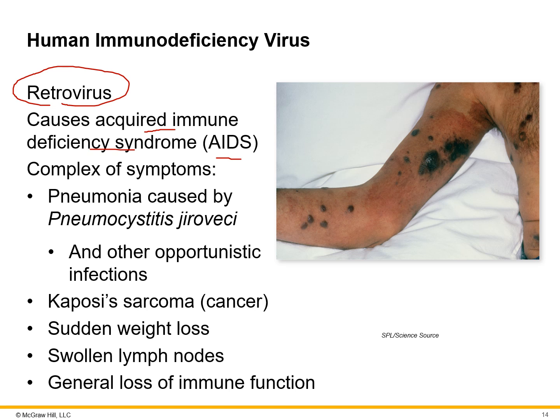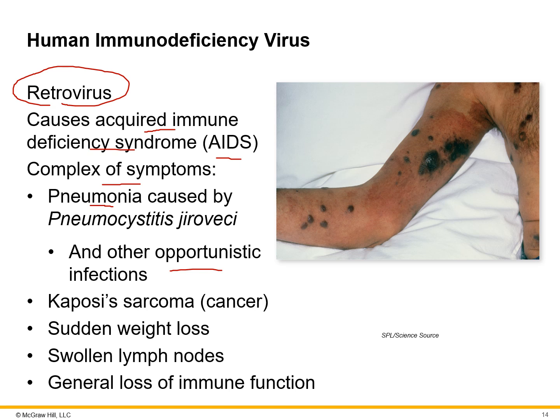So it has a complex set of symptoms that changes. Pneumonia can occur, and other opportunistic infections. This is really one of the biggest issues. As the immune system is depleted by the virus, it allows those opportunistic pathogens that are normally kept at bay to cause disease.